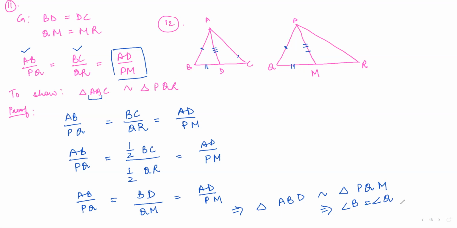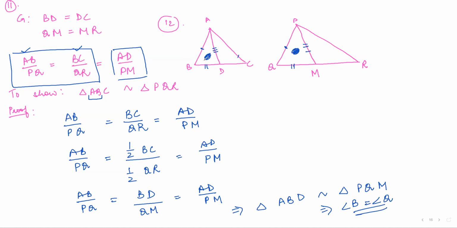Now, because ultimately, Sarah, two sides I already have proportional. If somehow I get the middle angle also equal, then I can write the SAS criteria to show similarity. That angle I have got from here. So instead of the full triangle, first of all, I have shown that these small triangles are similar.